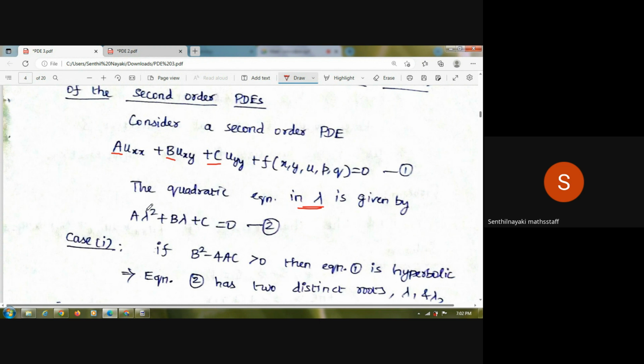The coefficient of lambda square is the coefficient of uxx. The coefficient of lambda is the coefficient of uxy. The coefficient of lambda power 0, that is the constant term, is the coefficient of uyy. We don't bother about the remaining terms.